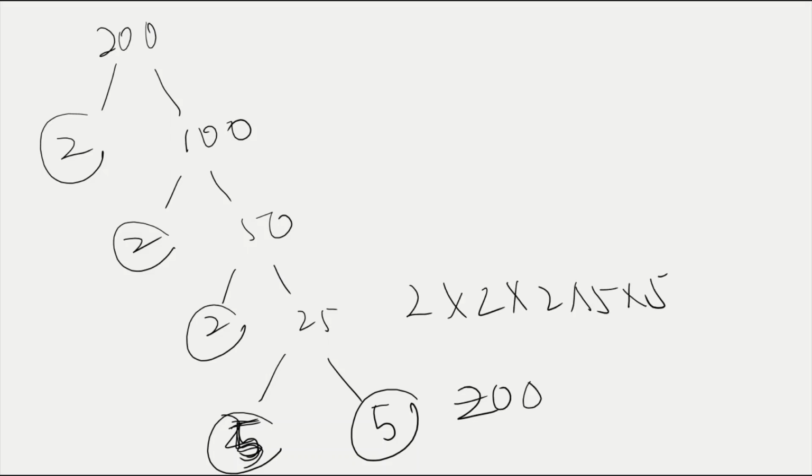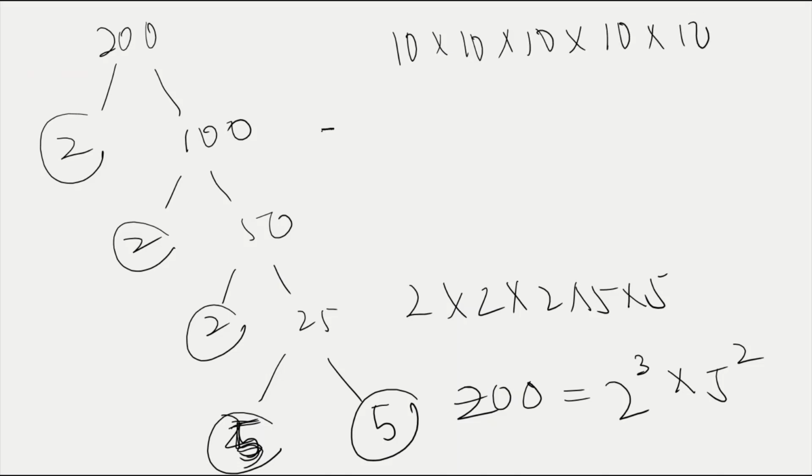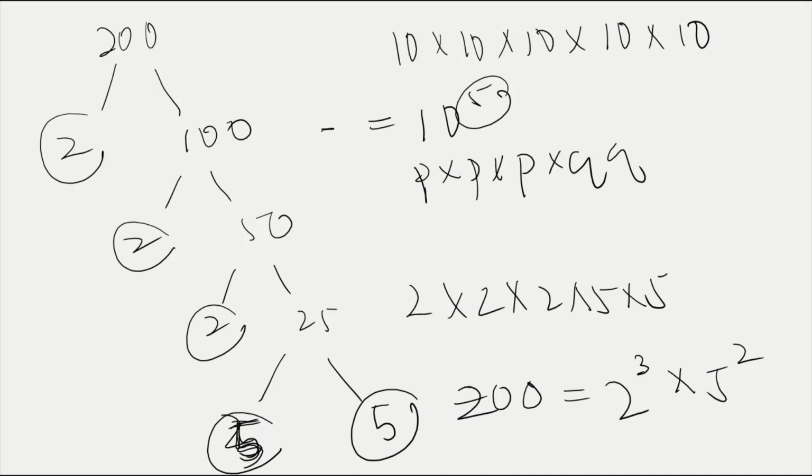So 200 equals 2 cubed times 5 squared. Or 10 times 10 times 10 times 10 times 10. This is 10 to the power of 5. So index is actually how many times the number is multiplied by itself. Another example, p times p times p times q times q gives you p to the power of 3 q squared.